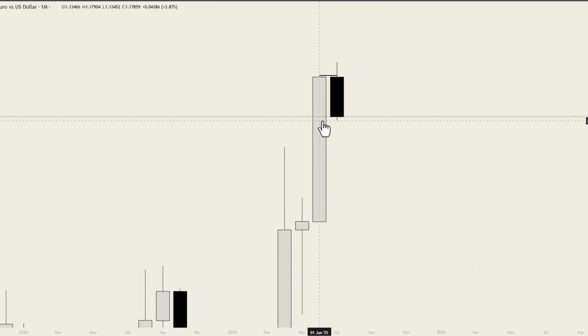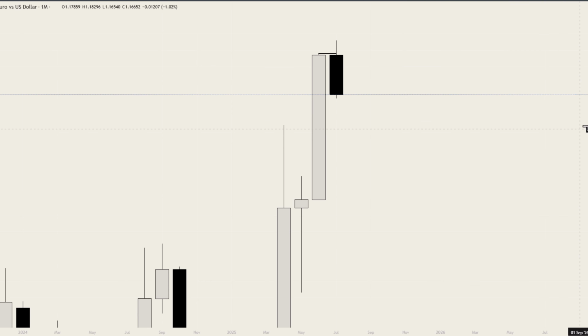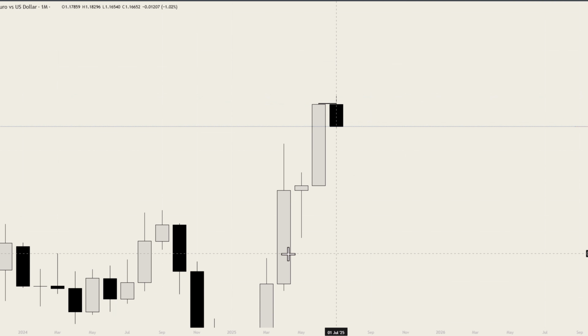If we consider this fair value gap, then this will be our internal range liquidity on the monthly, but this is too far from where price is. So considering that we don't have much detail, let's go to the weekly time frame.